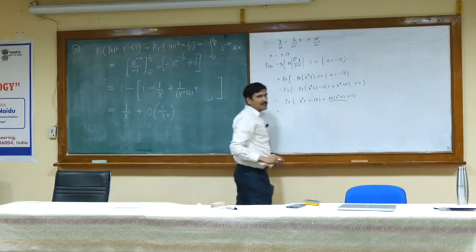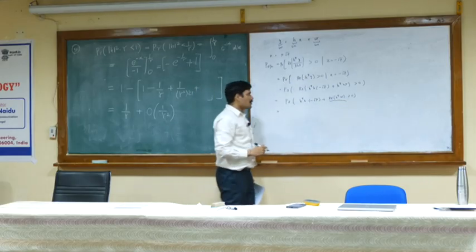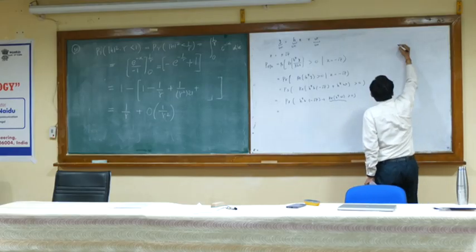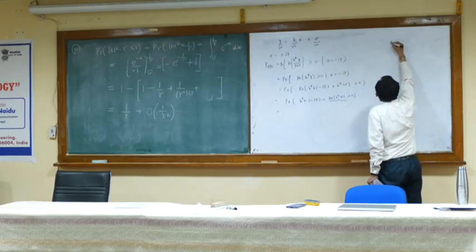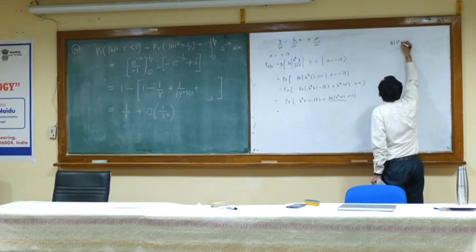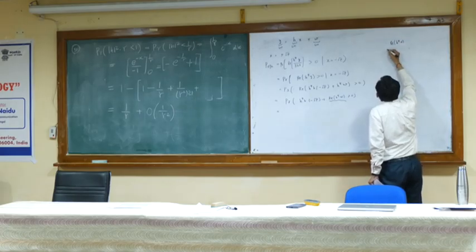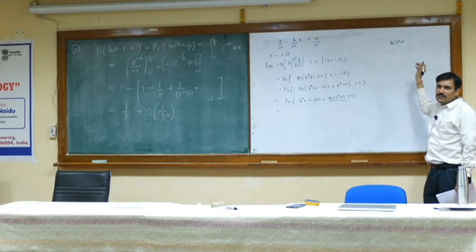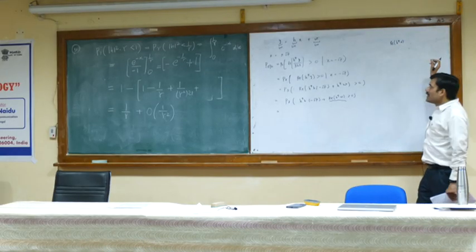So what is the statistics for this one? We have to find out the statistics. So real of h Hermitian w, its mean will be 0, since the noise is Gaussian with 0 mean and variance.